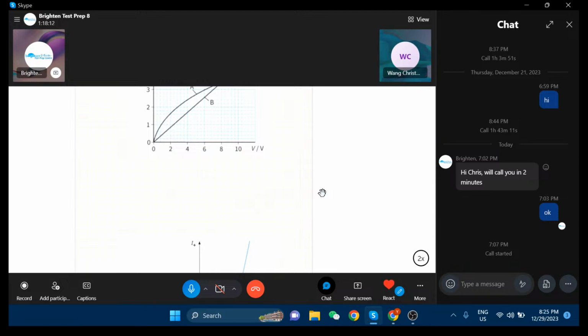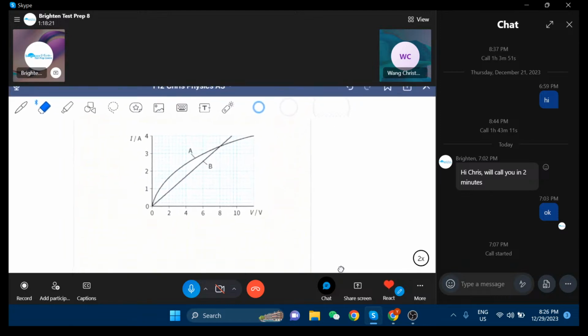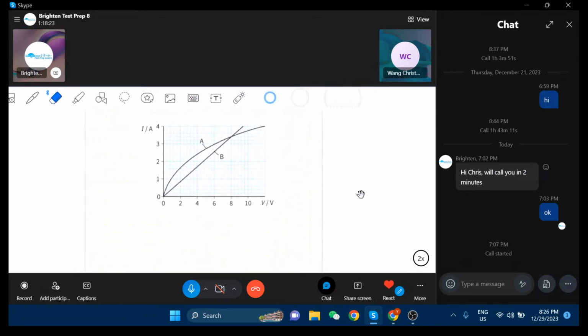And this one, another one. We have two electrical components. One is a filament lamp, and one is just a length of steel wire. So which one is which? A is the filament lamp.